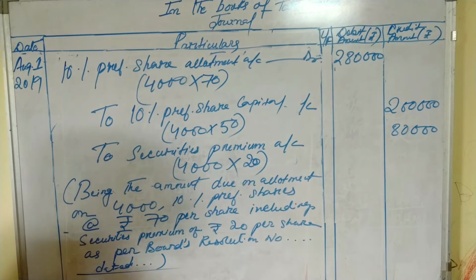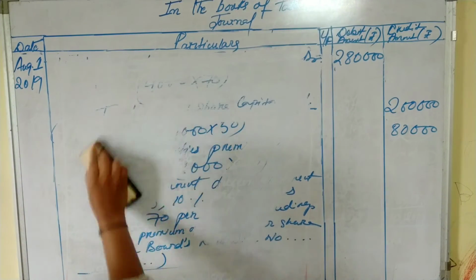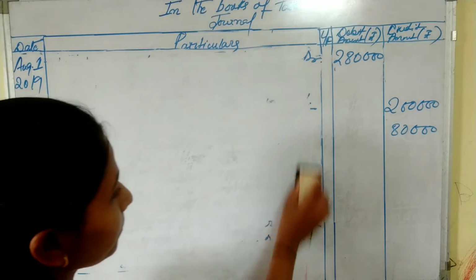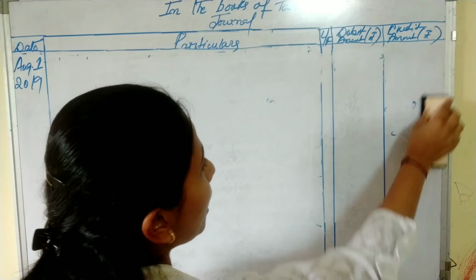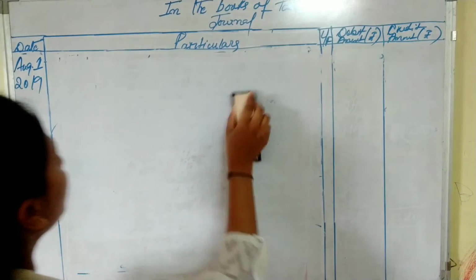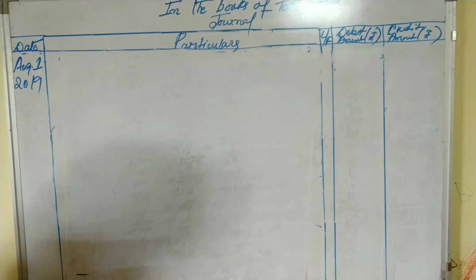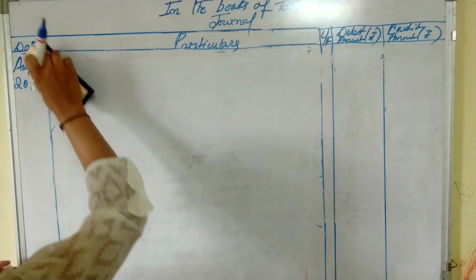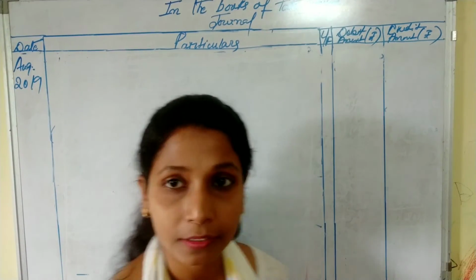Now the next entry is for receiving the allotment money. So now we will give the receiving amount for allotment money. Now in our question it is given that the date of receiving the allotment money is August 10.